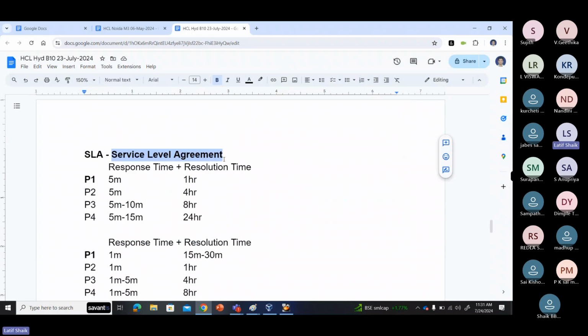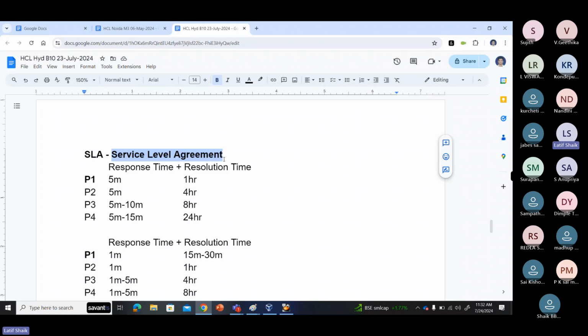What services are we providing, the availability of services, and support for the services. If the customer requires some information or has issues, we will provide immediate support, and those issues are also prioritized.